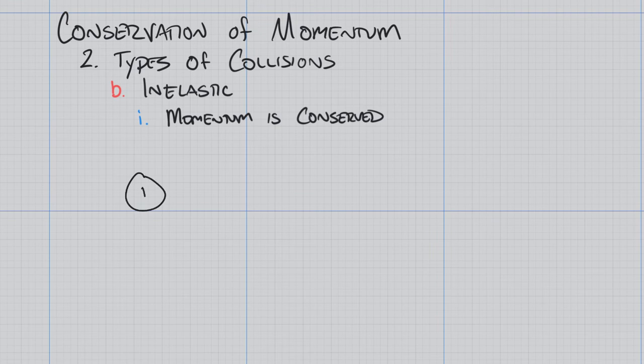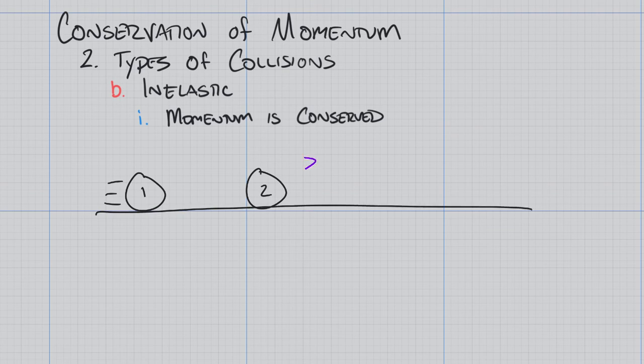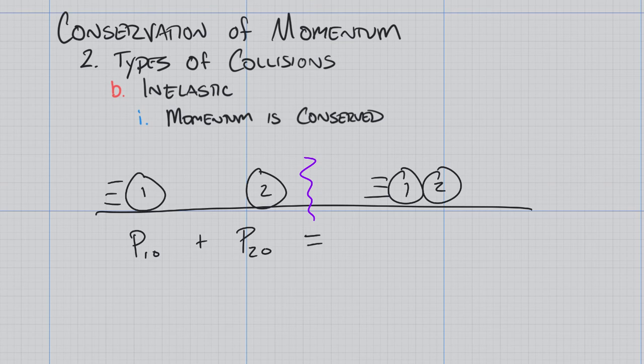So an inelastic collision might look something like this, where we have object 1 moving towards object 2. They are going to collide, and then they're going to move together, stuck. So what that's going to look like is momentum 1 initial plus momentum 2 initial equals momentum 1 final plus momentum 2 final.